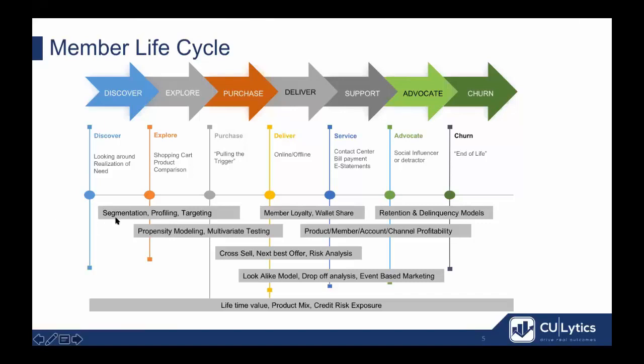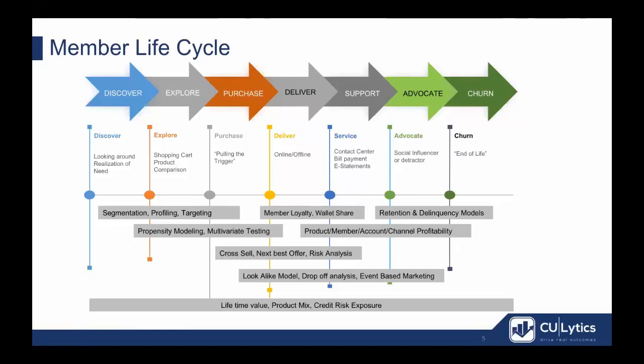At each step in the journey, the applications use the data from other applications so that they can act on it. So for example, when we are early in the discover, explore, and purchase phase, there is a lot of segmentation, profiling, and targeting happening. And that can be done using the data that we have about the members who already have gone through this journey and members who have been pretty successful in what they have done for us.